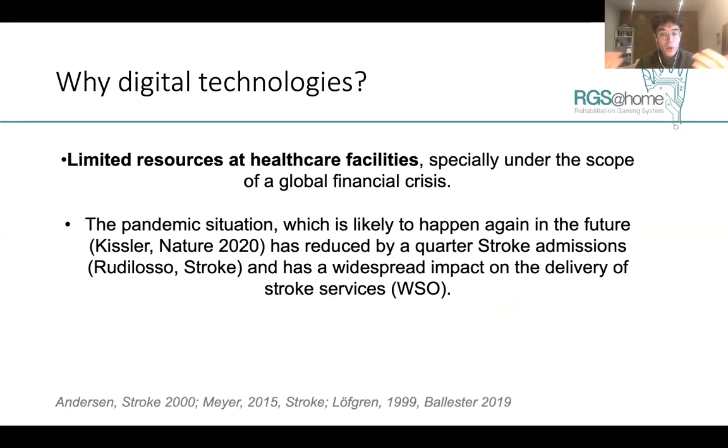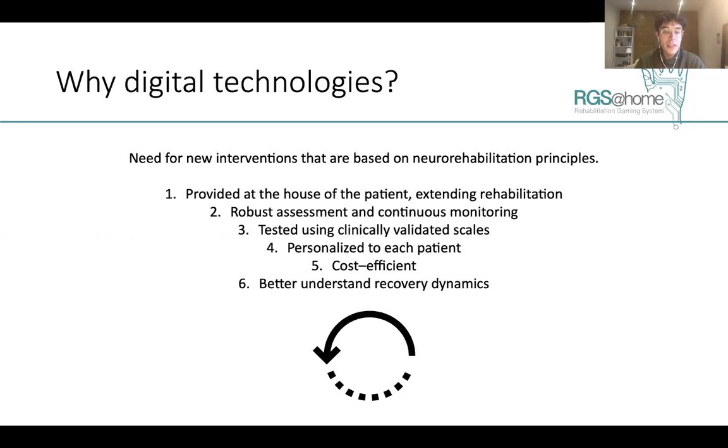So all of these evidence or facts that we are presenting have led to a growing interest or the need of new solutions or new interventions that are based on principles that can be, one, provided at the house of the patient, extending rehabilitation periods, that can provide a robust assessment and continuous monitoring on patients' capabilities.